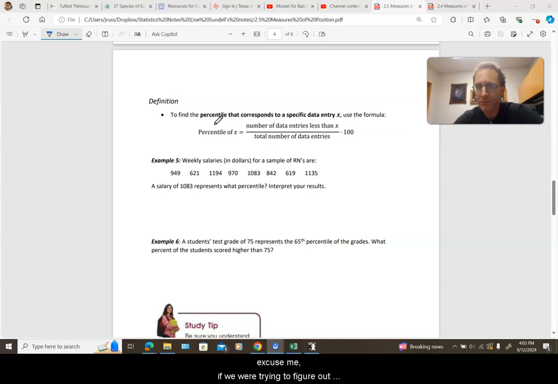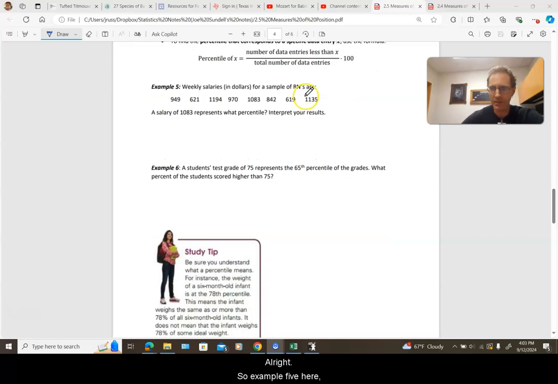If we were trying to figure out what percentile corresponded to a score of 1250 on the SAT, we would calculate all the data entries that are less than 1250, divided by the total number of data entries, and multiply that by 100, and that would give us the percentile. That's what we're going to do in this next one. A percentile, guys, is really just the percentage of data that's at or below that specific value in the distribution.